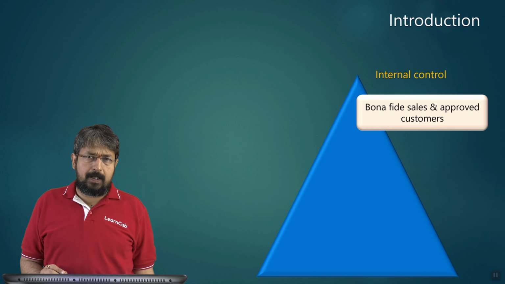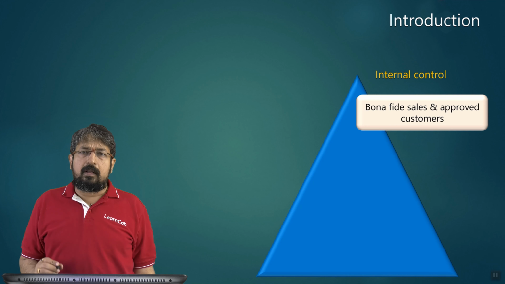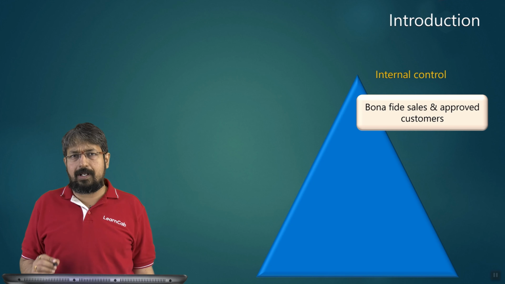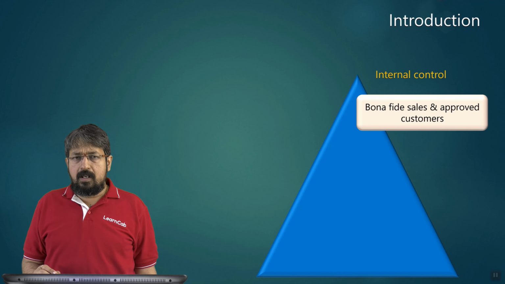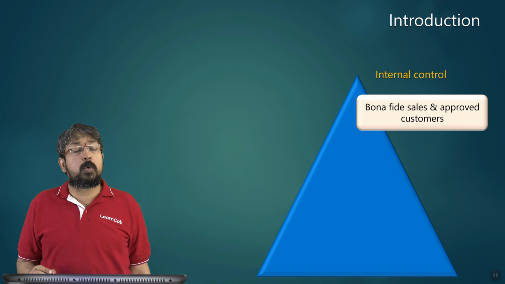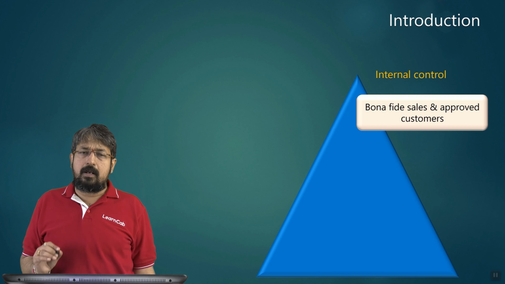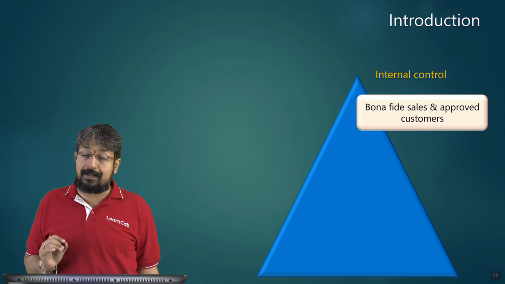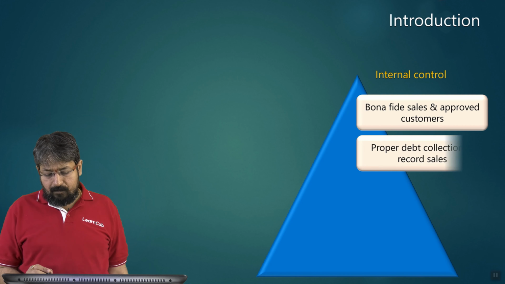The reason is that when I give credit to these customers, whether they have a proper financial background to repay the money within the prescribed time. So are they approved customers? If it is an unapproved customer, if the customer is unknown, the chances of losing money are extremely high. So that is the second process to be followed.